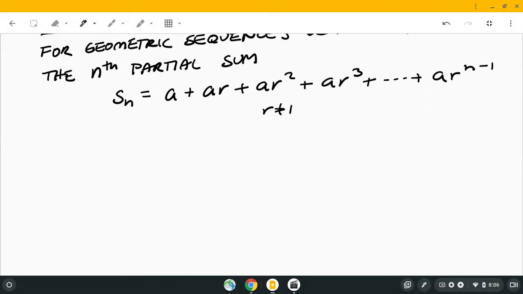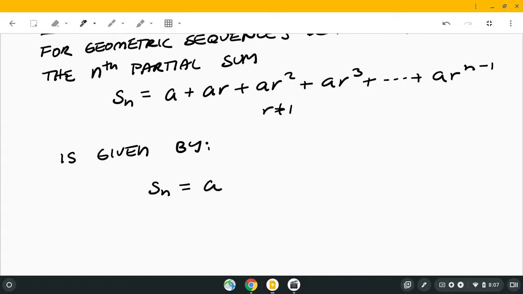The nth partial sum is actually given by the following formula. Instead of gathering all the terms that you need to add together and then adding them on a calculator, you could just find the sum by using this formula.